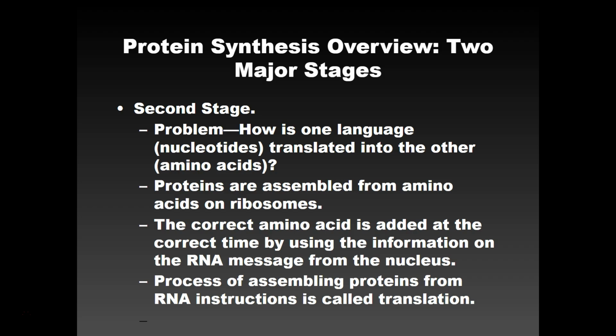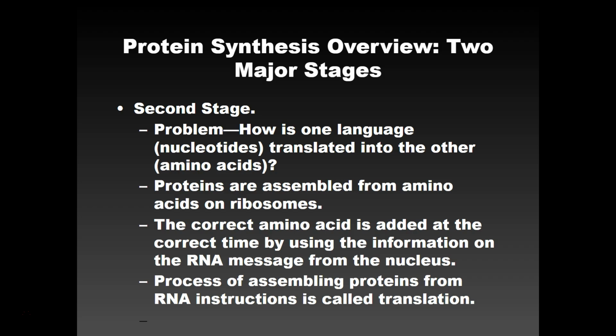There are long chains of these amino acids, and the correct amino acid is added at the correct time using information from the RNA message from the nucleus. You're taking those instructions, bringing them outside the nucleus, and using them to construct a protein. The process of constructing one of those proteins is called translation. And we're going to talk about that in the next video.